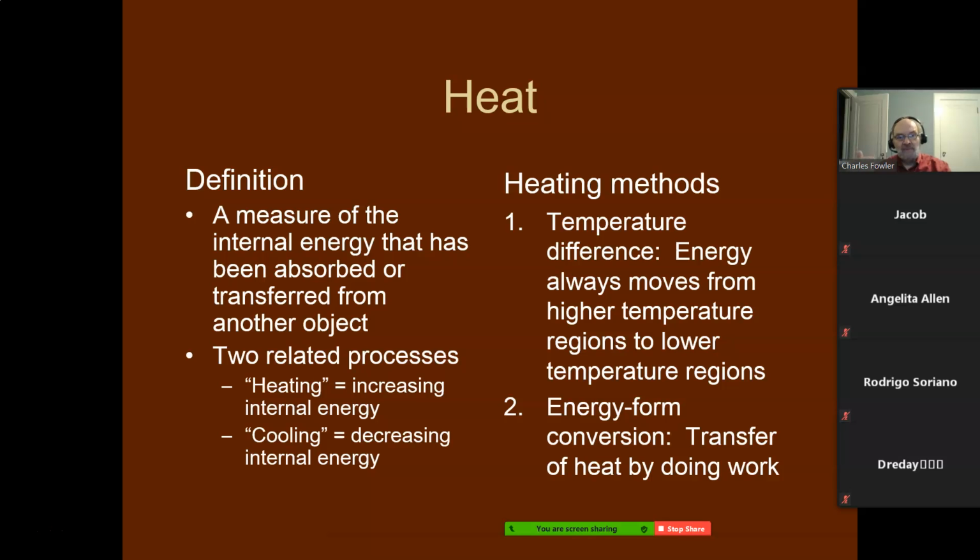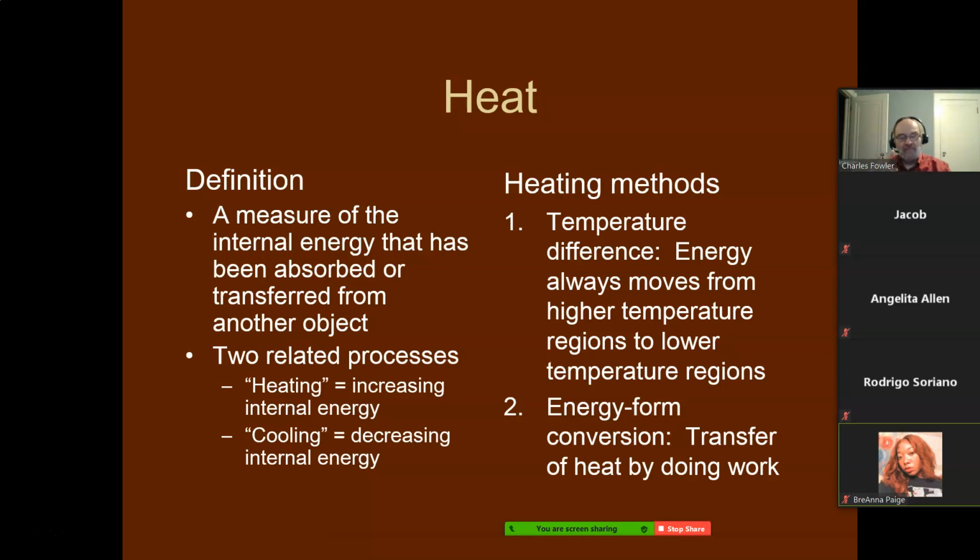Now the temperature difference: energy always moves from the higher temperature region to the lower temperature region. I put that water in there, turn on the teapot. We have one that has a little button on it, and you hear it start making noise. That's heating up. Always moves from high temperature to low temperature.